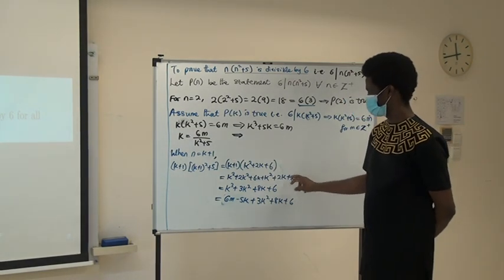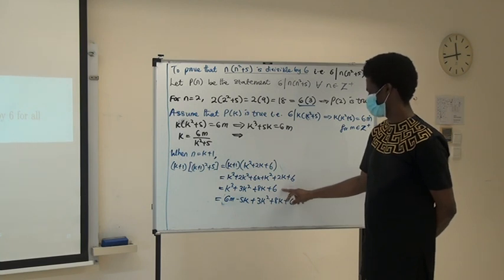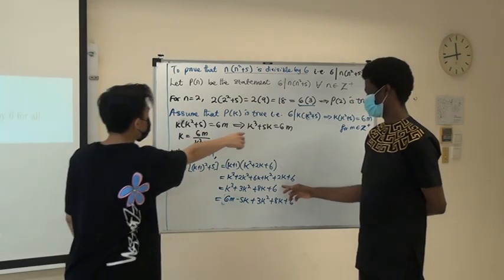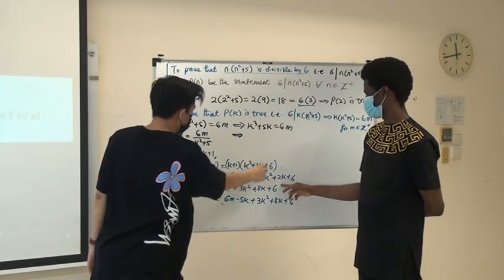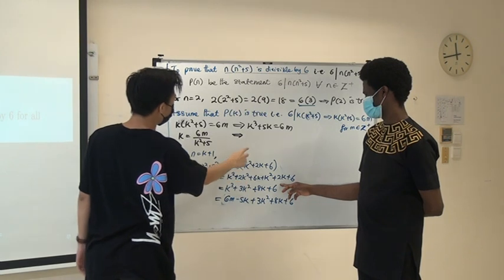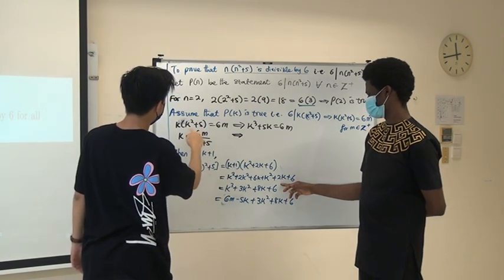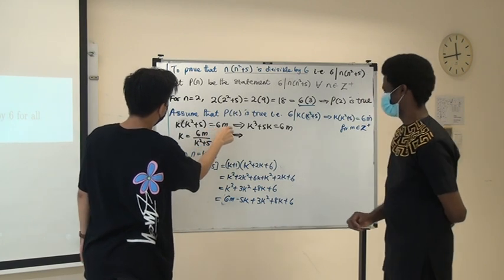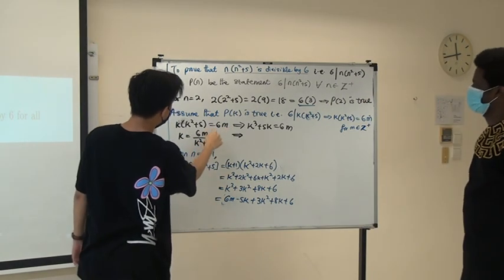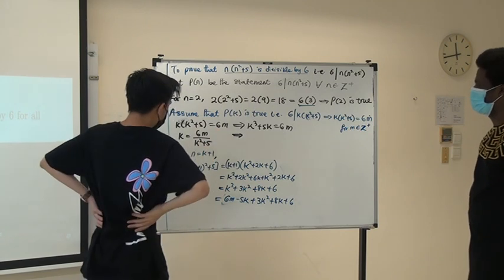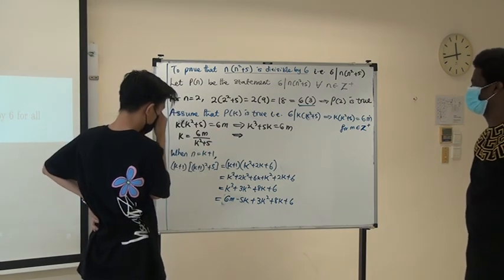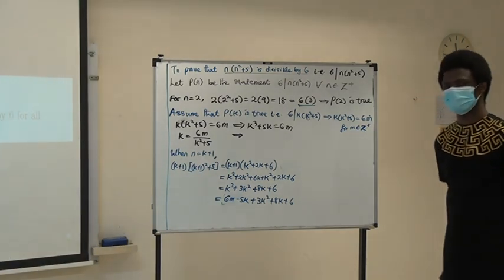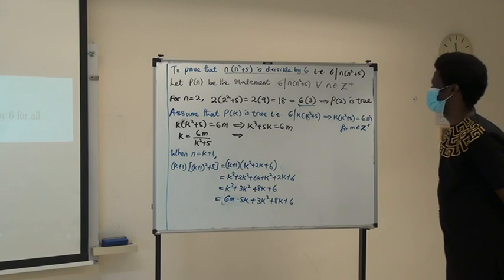So in k cubed, we could do this equals 6m minus 5k, and for this one, we could use this one, and then 6m minus k minus 5, or 6m divided by k. Wait, yeah. If you divide by k and the 6 comes out, you have something like m over k. We are not sure if m over k is an integer. And you have to be able to get an integer. What am I missing?